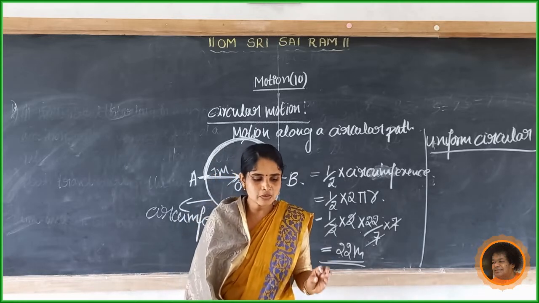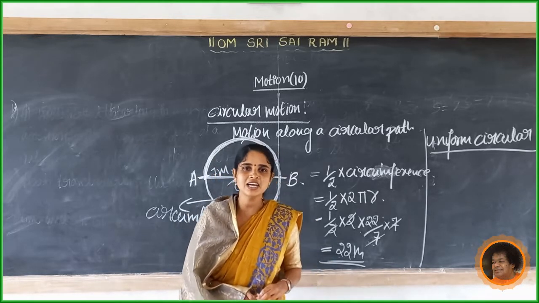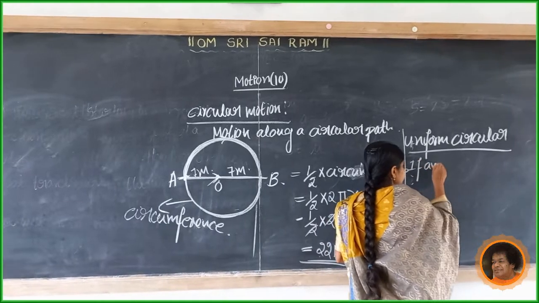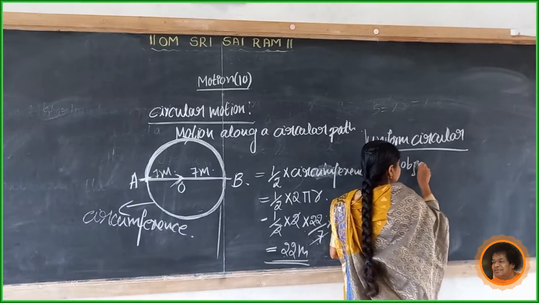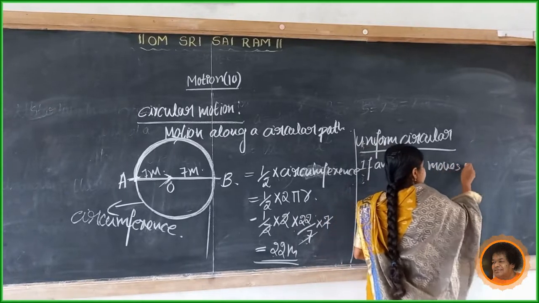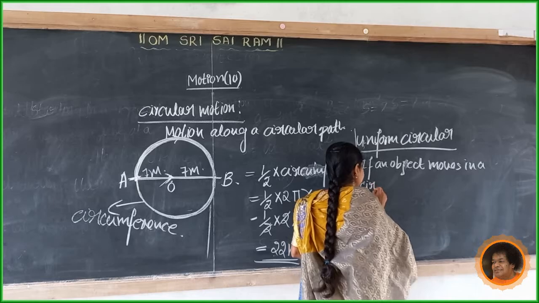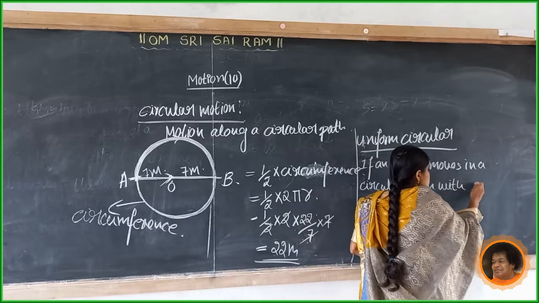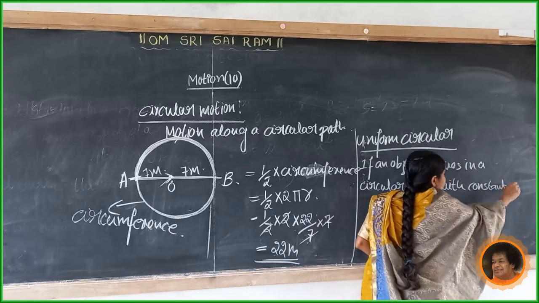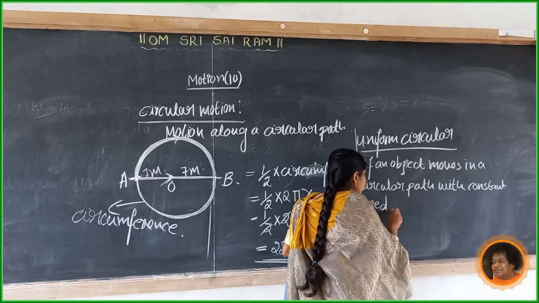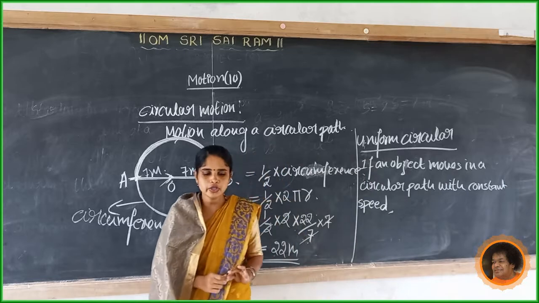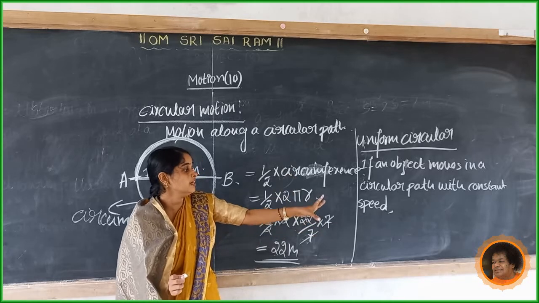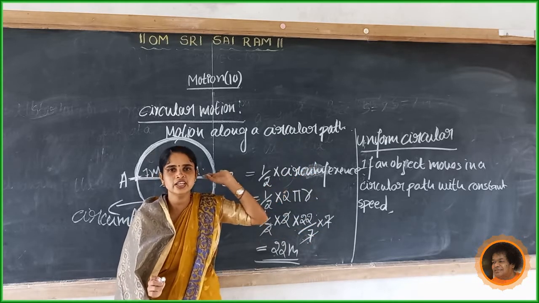So, if an object moves in a circular path with constant speed, then this type of motion is called uniform circular motion.